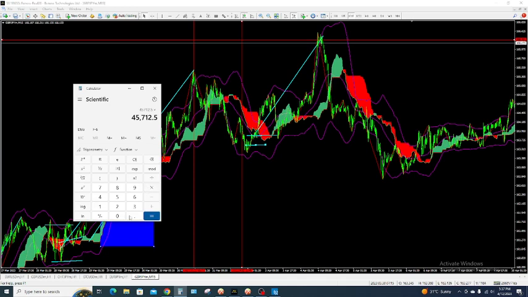Then I remove all the commission, the leverage, and the spread. So you can see now the first trade of April, I am making $34,284. This is serious.